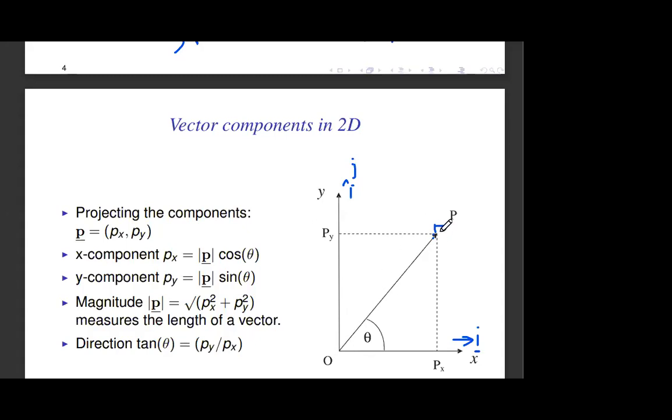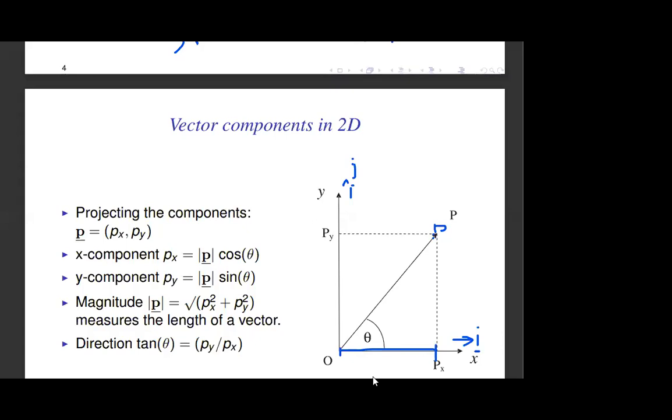The magnitude of OP is the length of this line segment. If you know the angle here, then you can find this length, let's say px, and knowing the unit vector along this axis, you can find this vector.